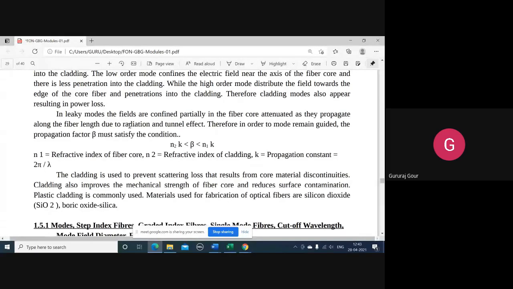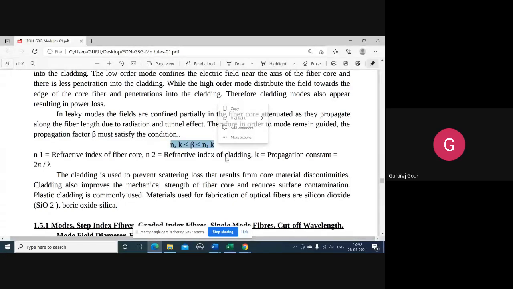So in leaky modes, the fields are confined only partially in the fiber. Normally, the higher order modes, which are confined to the wall, pass through the core-cladding interface, and there we lose the information. Normally it happens in the higher order modes. So in order to retain the modes and have them guided inside the core, one condition should be satisfied.